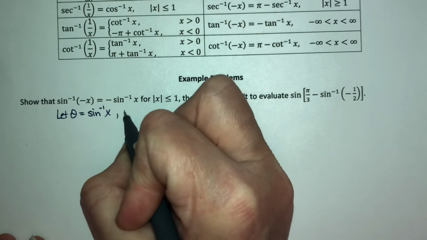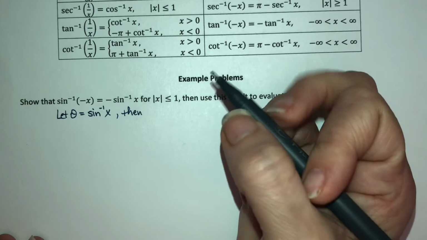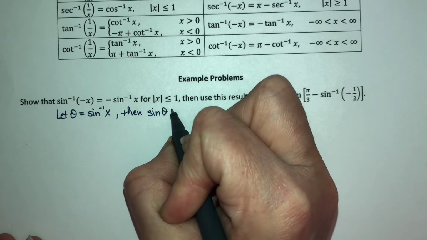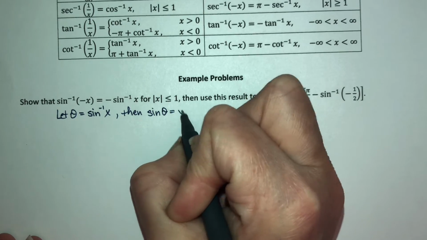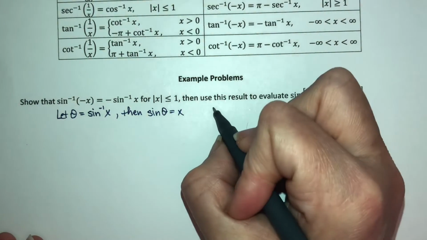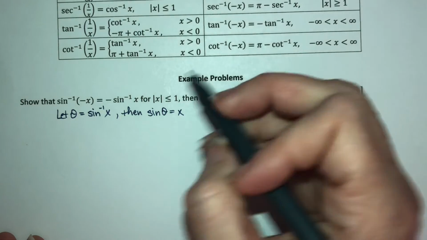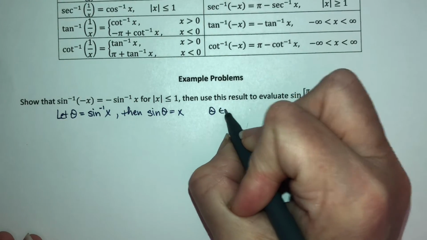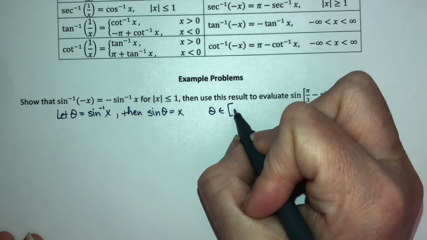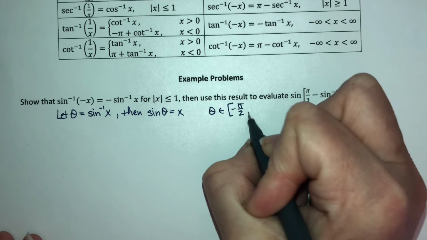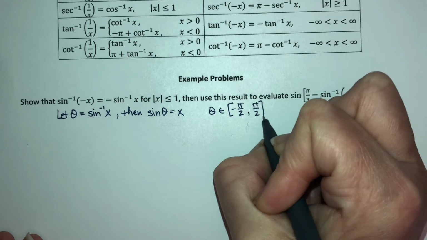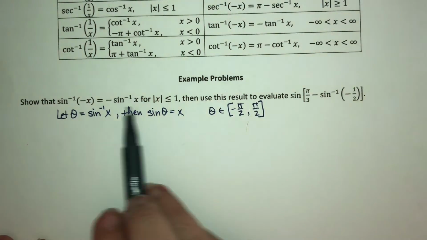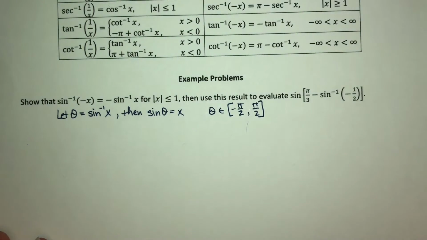Then by definition, we know that sine of theta is equal to x. Since this is inverse sine and we have to deal with the range, we know that theta is somewhere between negative pi over 2 and pi over 2. So far, all I've done is say I'm going to let this stand for this, and by definition, this means this and this.